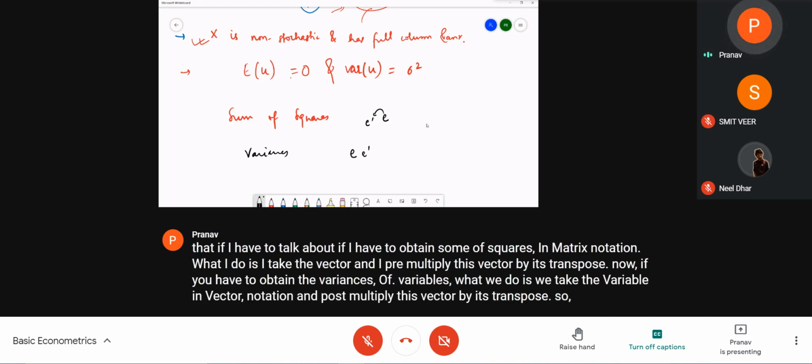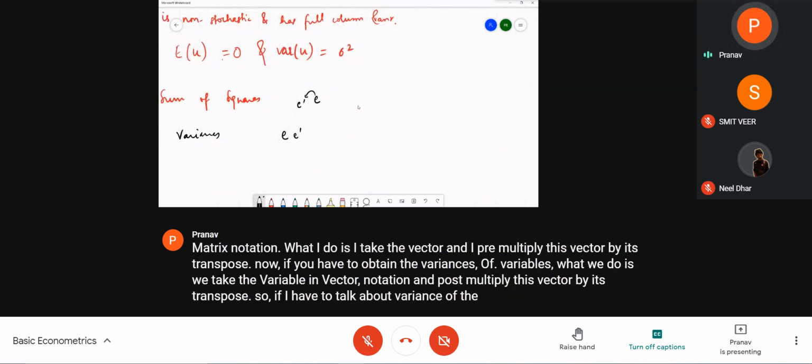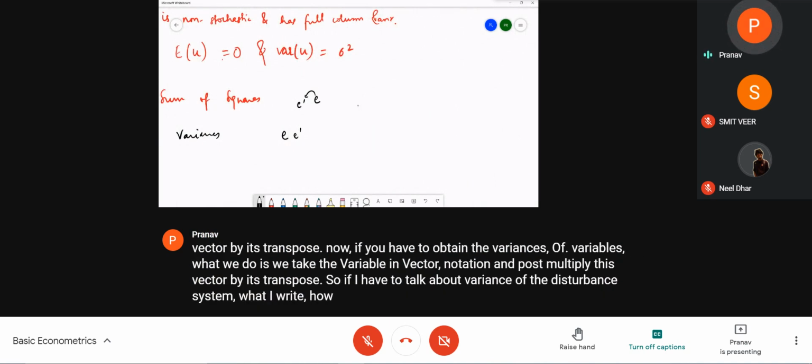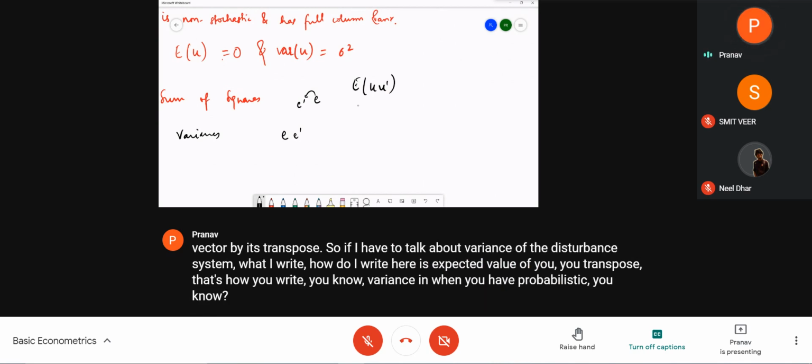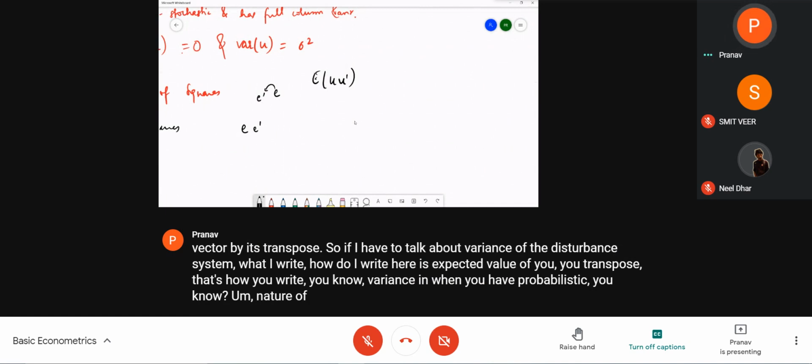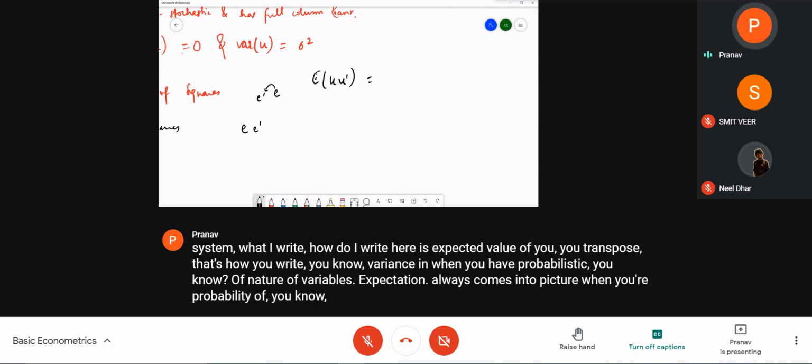So if I have to talk about the variance of the disturbance system, how do I write it here? It is the expected value of u u transpose. That's how you write variance when you have a probabilistic nature of variables. Expectation always comes into the picture when you have probability of occurrence of certain variables.